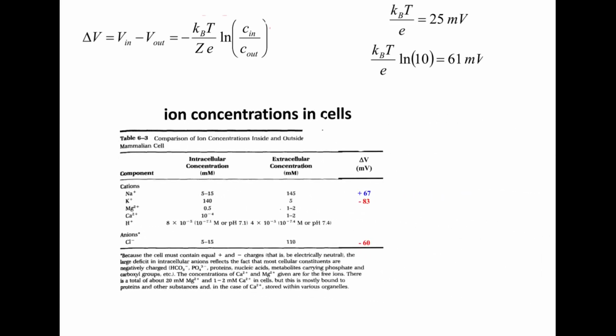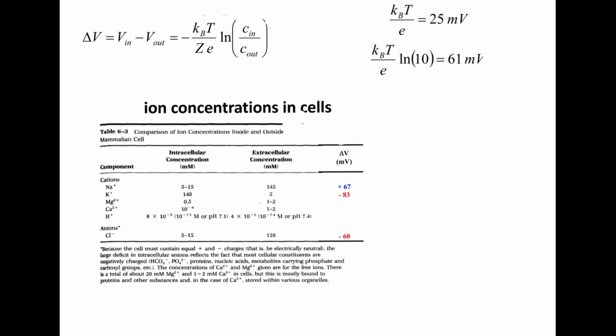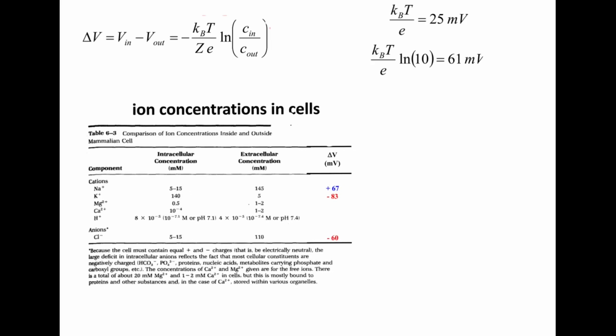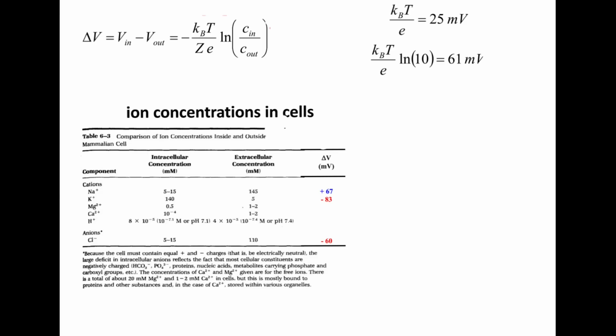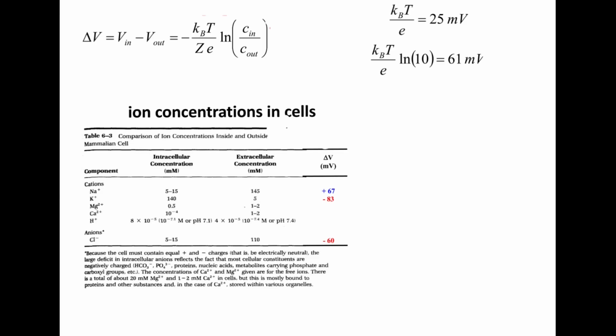We also could look at anions, in particular chlorine. There again the intracellular concentration is low and the extracellular concentration is high, and we obtain a Nernst potential of minus 60 millivolt. So in total we see the Nernst potential is different for the different ions.